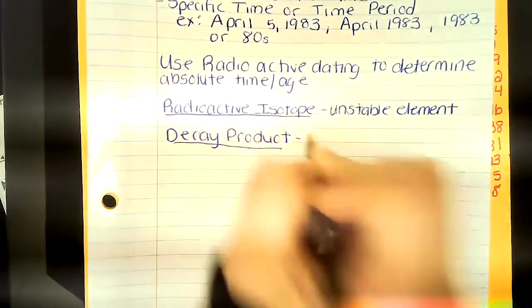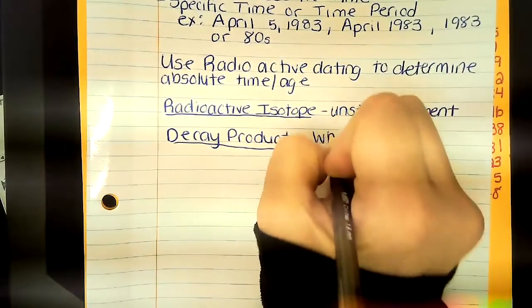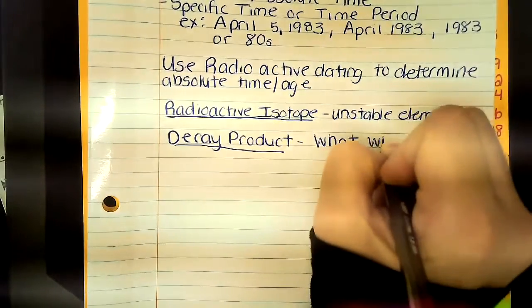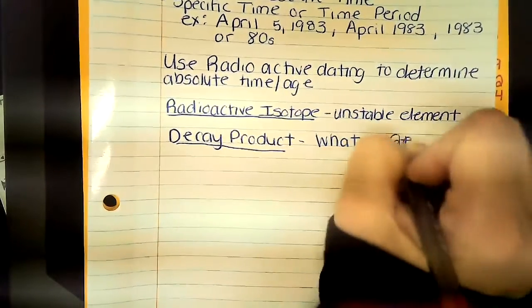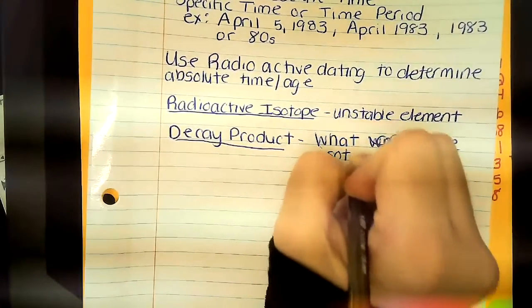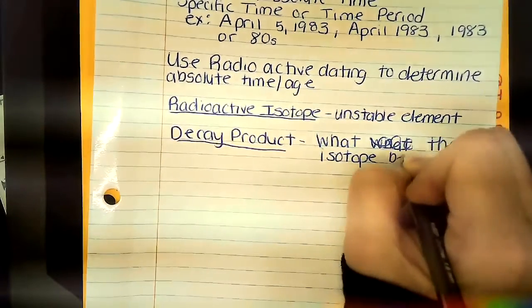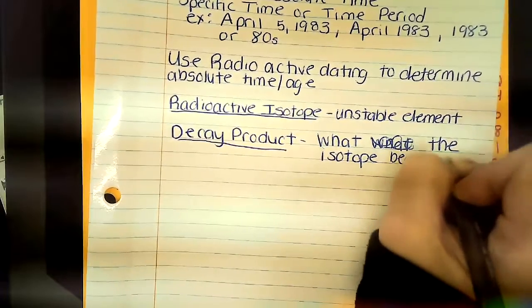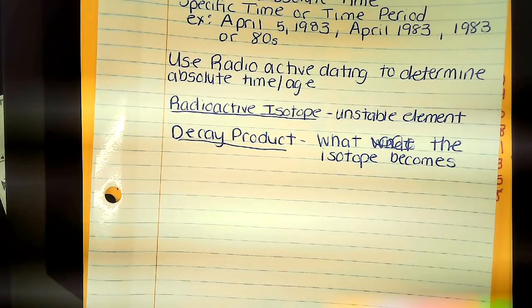The decay product is what the isotope becomes. As I was saying, they're unhappy, so they change into something else that's more stable.